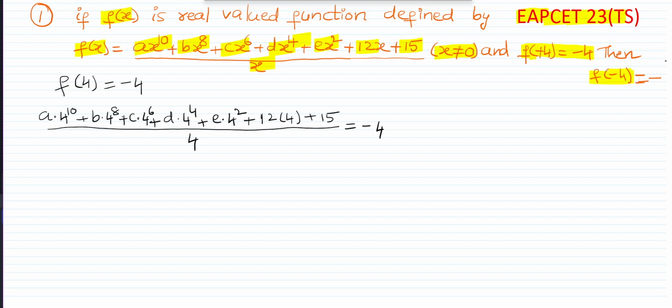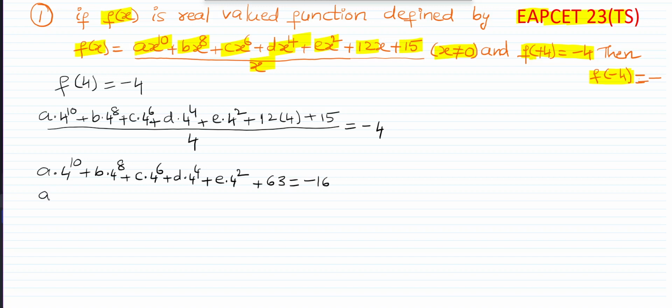So cross multiplying this, a into 4 power 10 plus b into 4 power 8 plus c into 4 power 6 plus d into 4 power 4 plus e into 4 square, 12 fours are 48, 48 plus 15, this is 63, is equal to 4 into minus 4, this is minus 16.